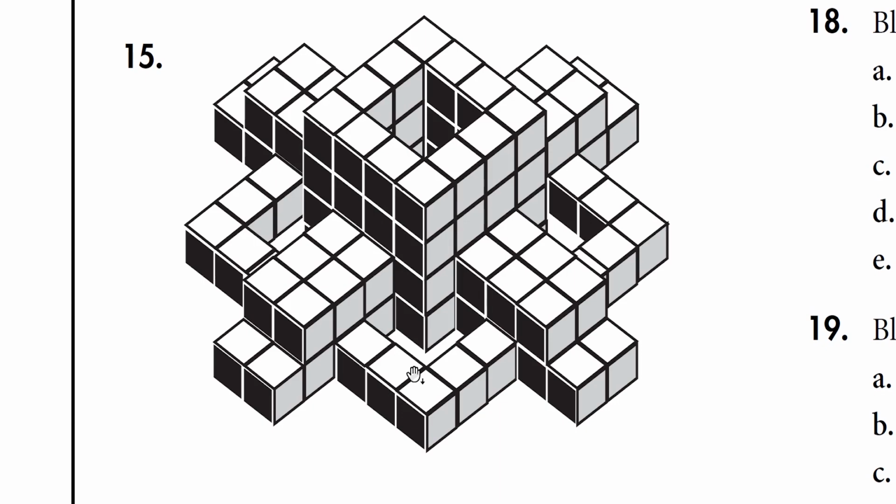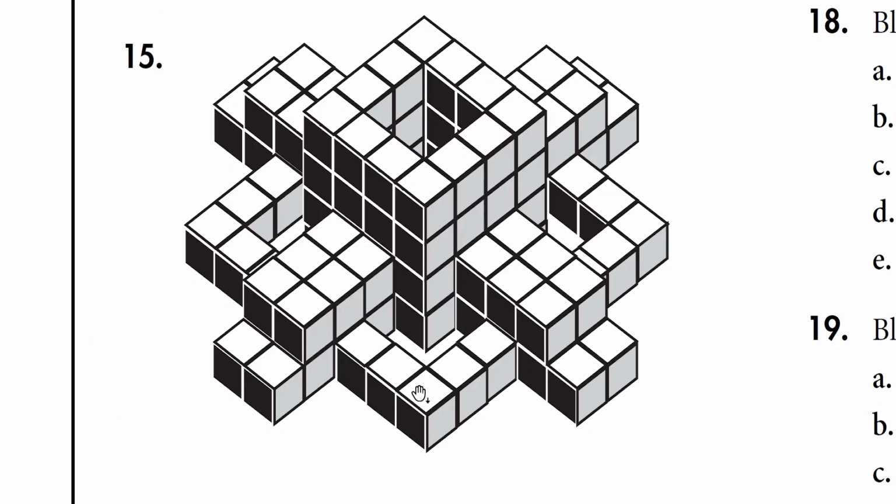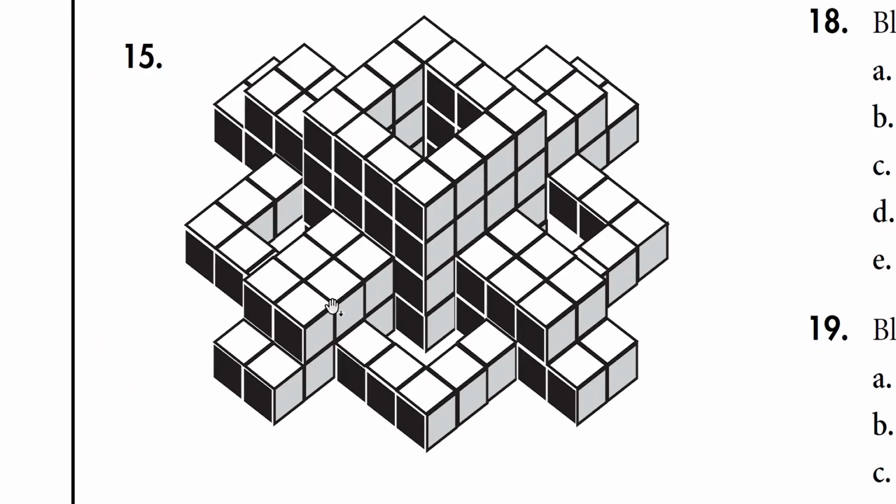So if we see the corner, we have just 1, 2, 3, 4, 5 corners. But again, the 5 corners are on 4 times. So 5 into 4, that's 20. Coming to the middle piece, we have 1, 2, 3, 4, 4 by 4, which is 16.